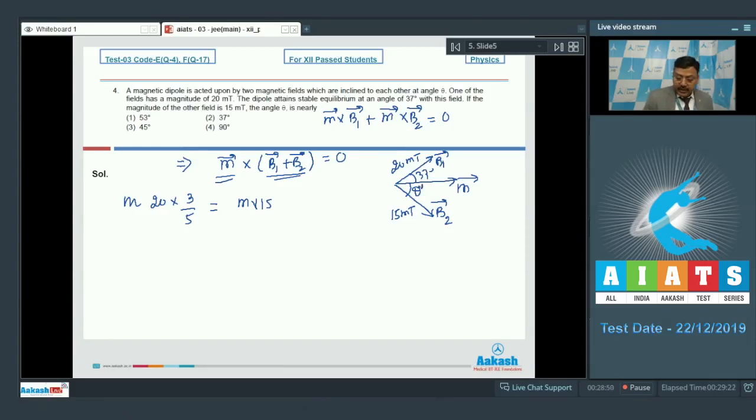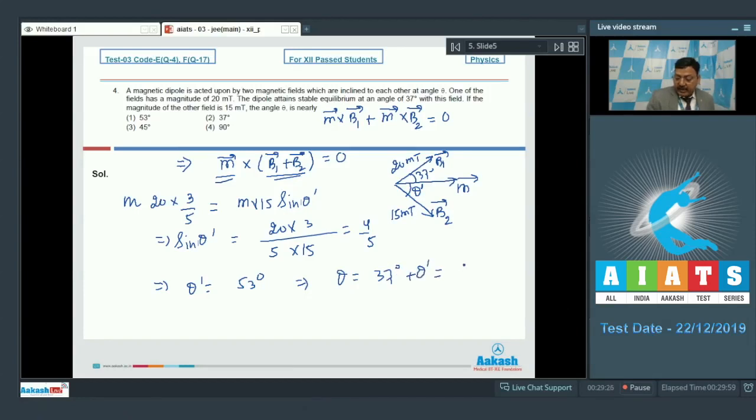So M into 15 into sine theta dash, which gives us sine theta dash equal to 20 into 3 by 5 into 15, which is simply 4 by 5, or we know this value of theta dash can be taken as 53 degree. So this implies angle theta, which is 37 degree plus theta dash, and that will be equal to 90 degree.